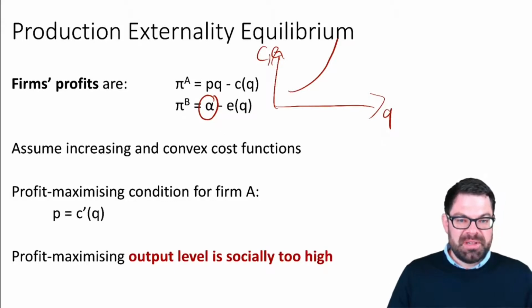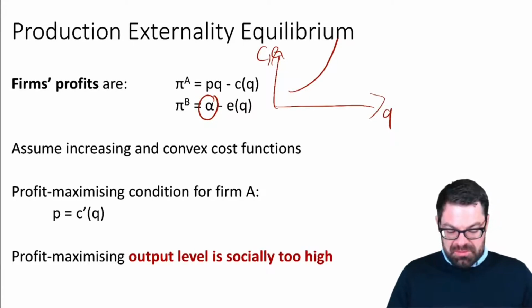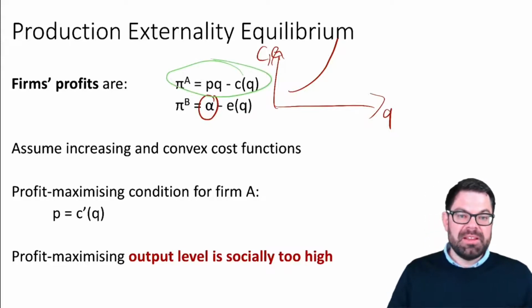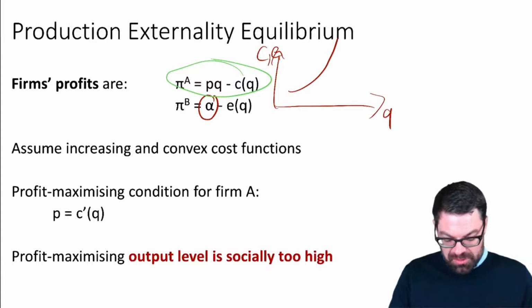That is a fairly standard property of cost functions in economics. That makes profit maximization for firm A very simple, right? So all we need to do is take this equation up here, take the first derivative with respect to Q, and assume an interior solution so that the first order condition equals 0.